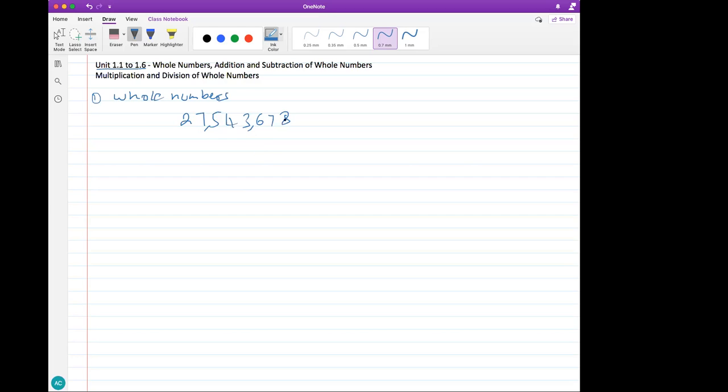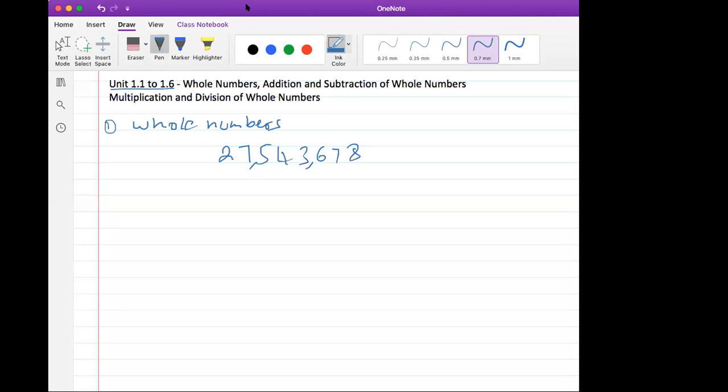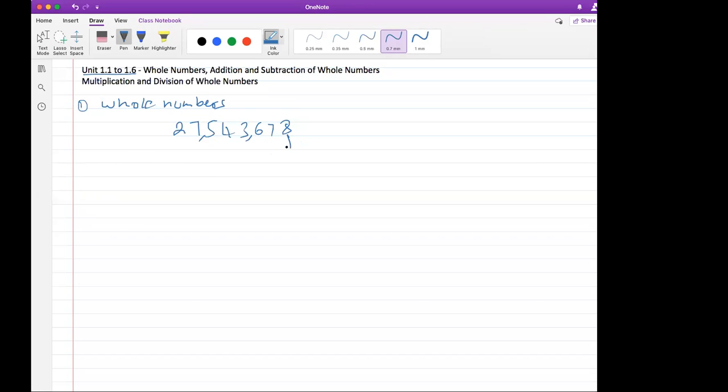Let's try to identify each one of these placement values and name it. For example, the very first digit to the right of the number, what is this placement value called? What do we call this place? The very first one, the one. That's the ones place, exactly.